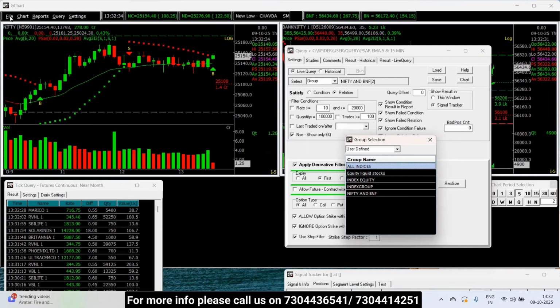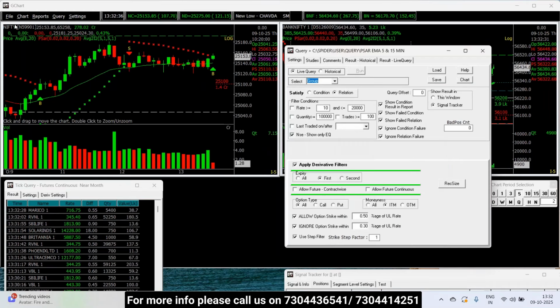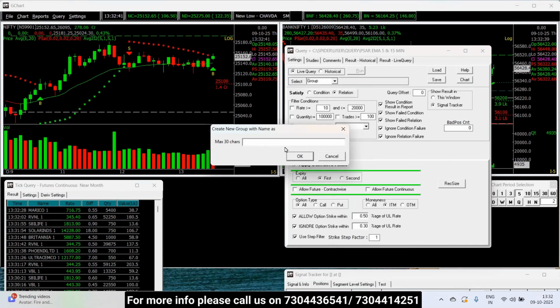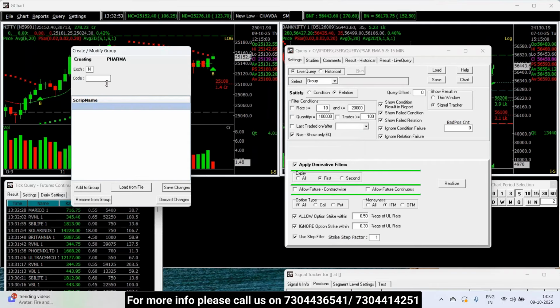Okay, so we'll go to the file section, and there is a groups option, and here you can create a group. For example, if I take something related to pharma, you can type a name like pharma stocks, any pharma stocks in Nifty, Bank Nifty, or whole NSE.